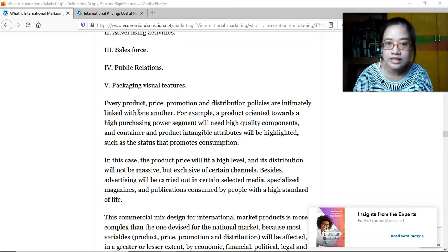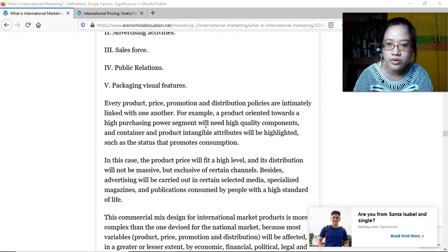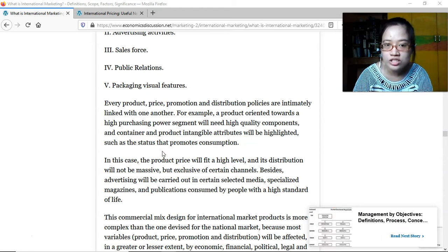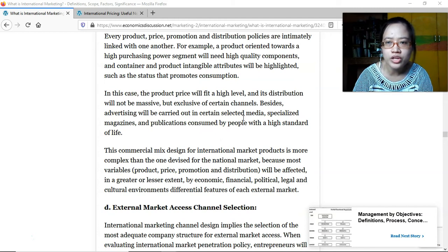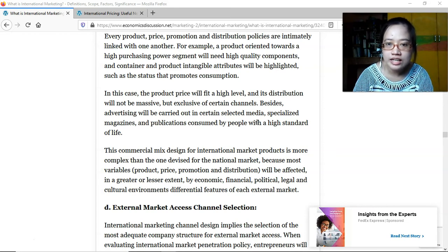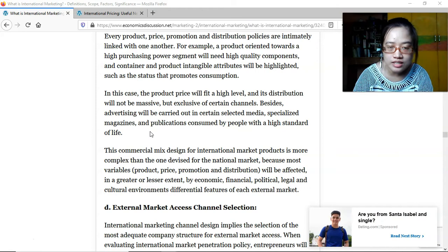Marketing mix elements are intimately linked with one another. A product oriented towards a high purchasing power segment will need high quality components. Container and product intangible attributes will be highlighted, such as status that promotes consumption. Okay, so you have your different reasons for that. Advertising will be carried out in certain selected media, specialized magazines, publications consumed by people with a high standard of life.